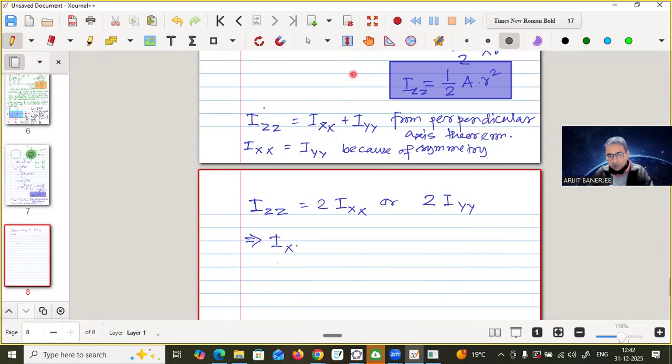Ixx is equal to Izz by 2, that is 1/4 A r square. The same as Iyy.